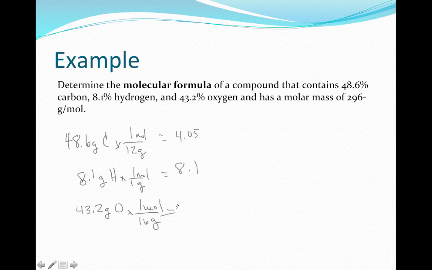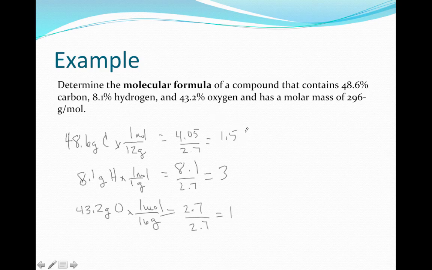And we're going to get 2.7. We're going to divide everything by 2.7, 2.7, and 2.7, so we get 1.5, a nice round number of 3, and 1.